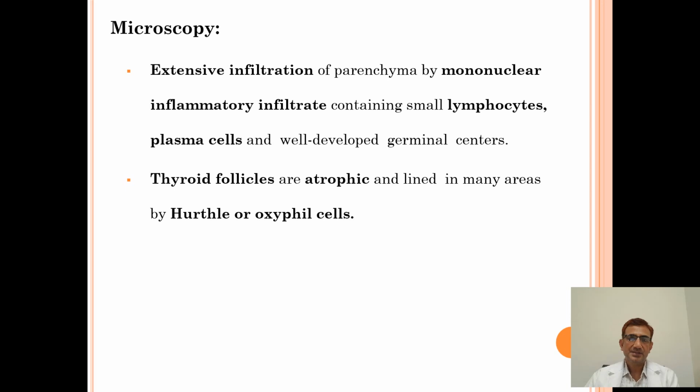Microscopy: extensive infiltration of parenchyma by mononuclear inflammatory infiltrate containing small lymphocytes, plasma cells, and well-developed germinal centers. Thyroid follicles may be atrophied and lined by many areas of Hurthle or oxyphilic cells.